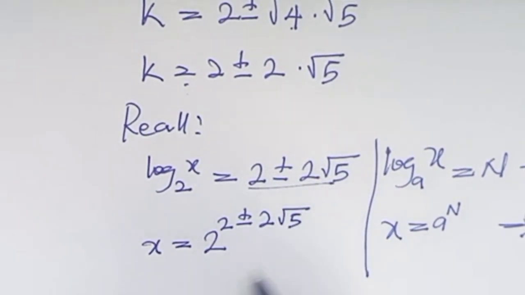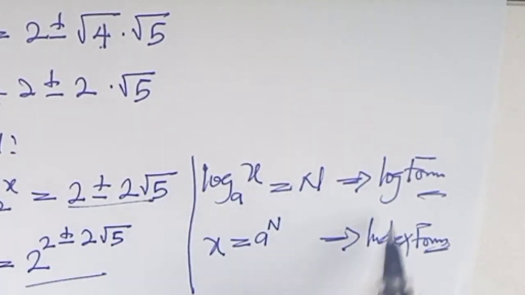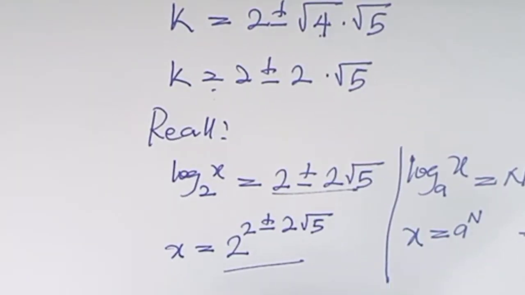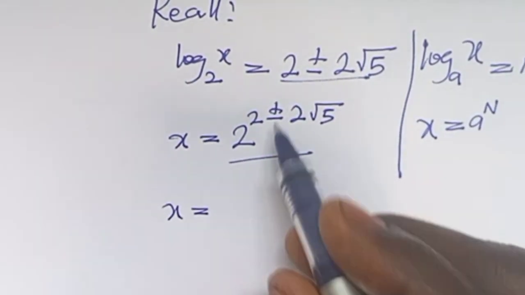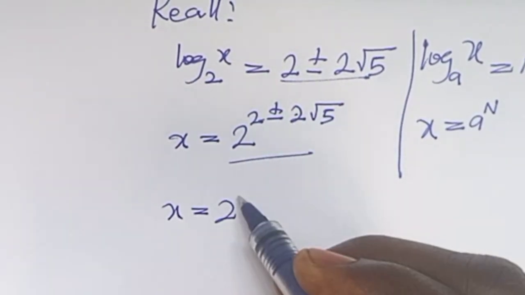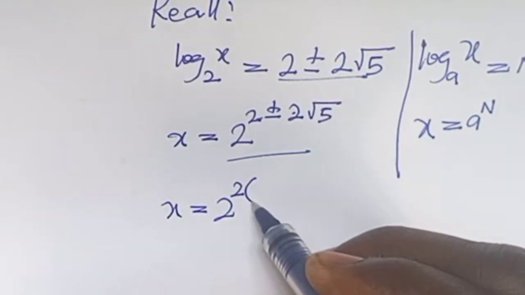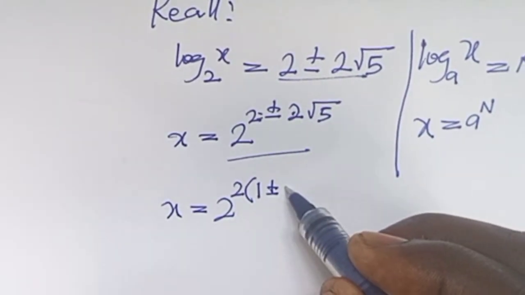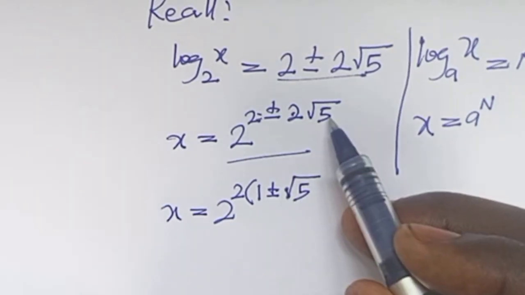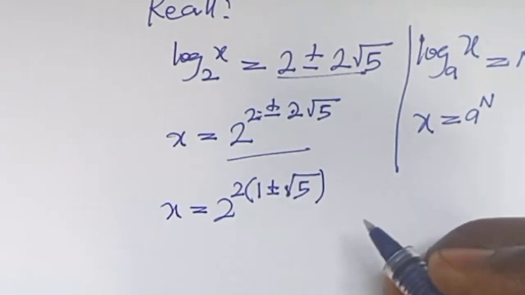And this is in log form, and this is an index form, bearing the same form as this, and we're fine. So if we solve this, we're going to have x equals 2 to the power of, factoring out 2 here. 2 divided by 2 will be 1, plus or minus 2 divided by 2 will be left with 1, and 1 times square root of 5 will be square root of 5, and close the bracket, and we're fine.